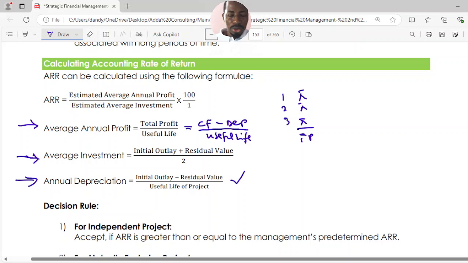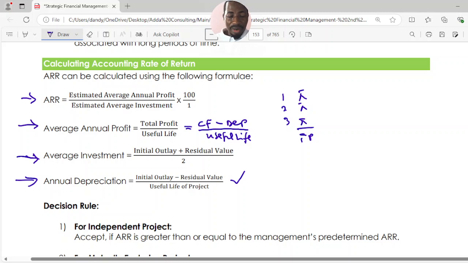So once you have the average investment, then finally you need to calculate the accounting rate of return, which is simply the average annual profit divided by average investment.